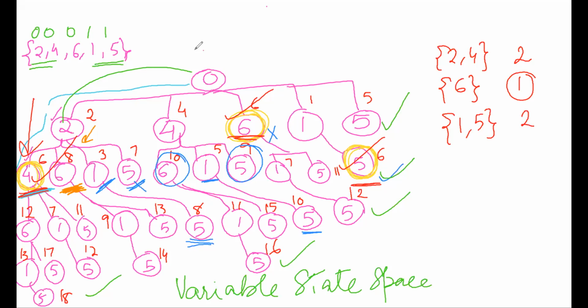If I am traversing this tree in a BFS order, I will first encounter this solution, then I will encounter this solution. If you check these two solutions, earlier the tuple size was 2, now the tuple size is 1. So obviously you've got a better solution. What happened?